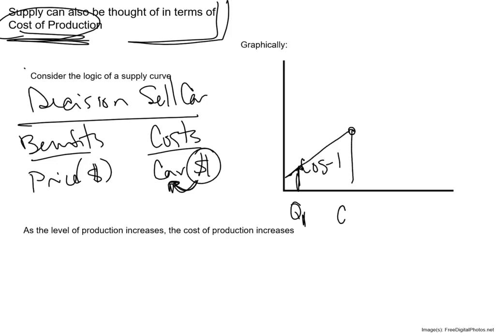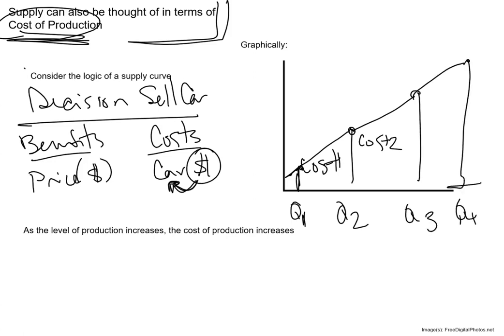Whoever is the second person to sell me their car, they're willing to sell it at a price that covers their cost. That's the value of their car. And the third and the fourth, right? This fourth or fifth person, they're not going to sell me a car at a price that's too low. They're only going to sell me their car when prices have gotten all the way up here.